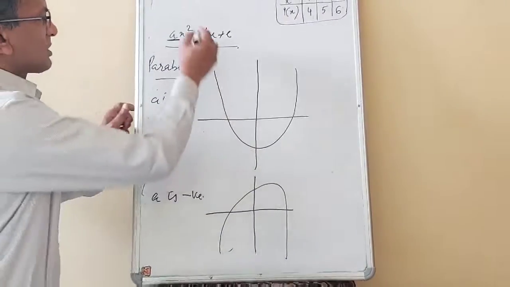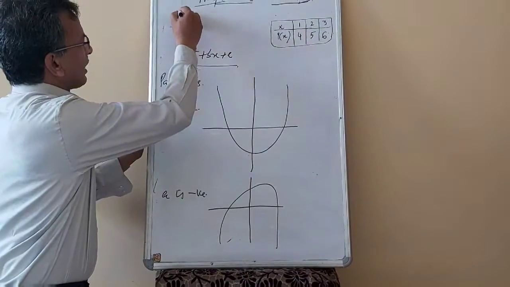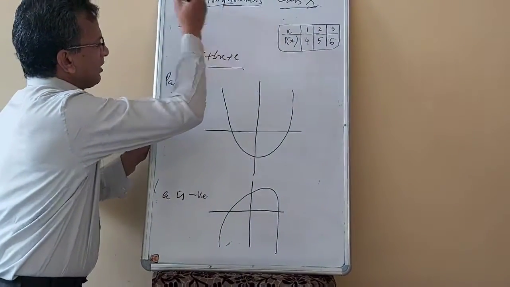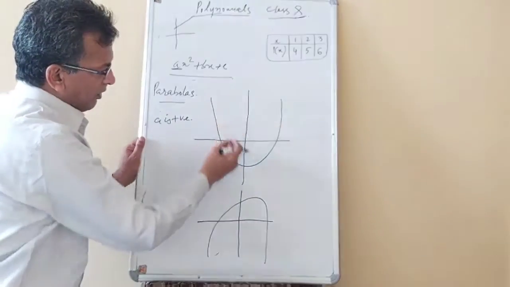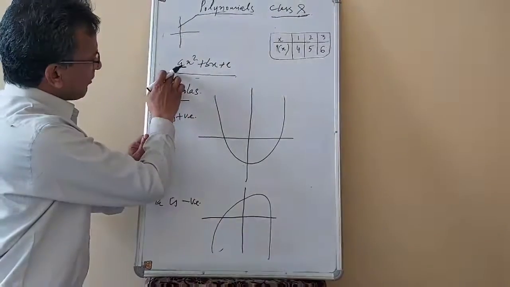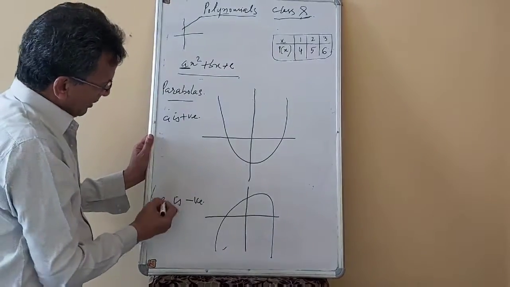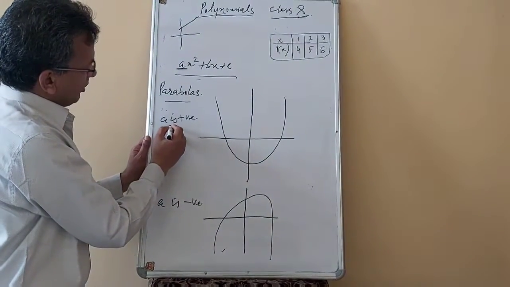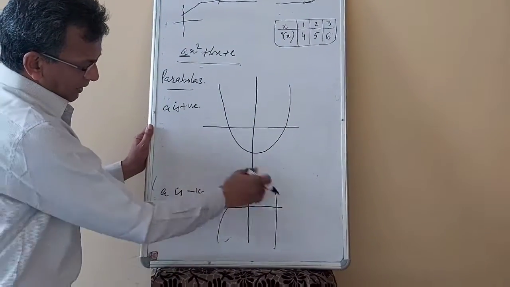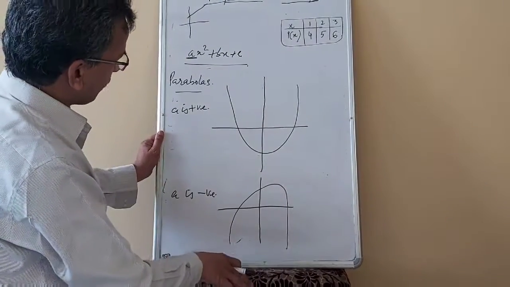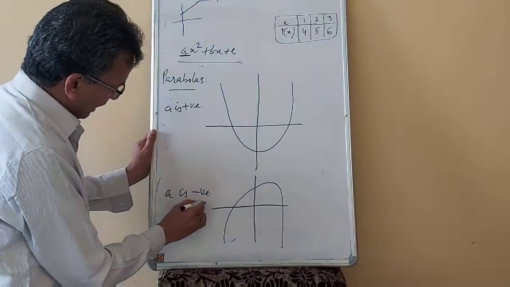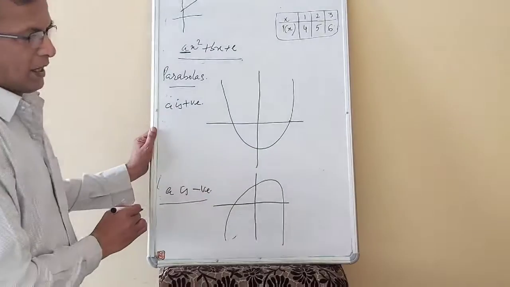Okay, so first one we have seen the graph as a straight line. The next one you have seen is a U shape. When it will be in a U shape, the value of a is positive, and when it is open downwards, then the value of a is negative.